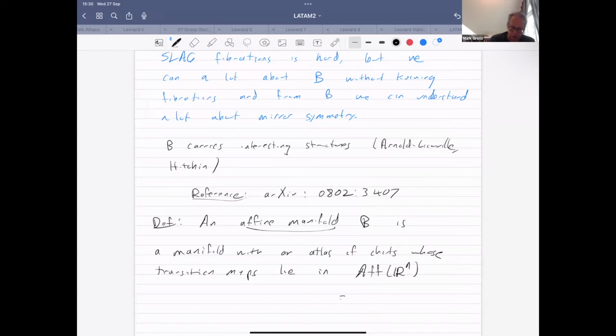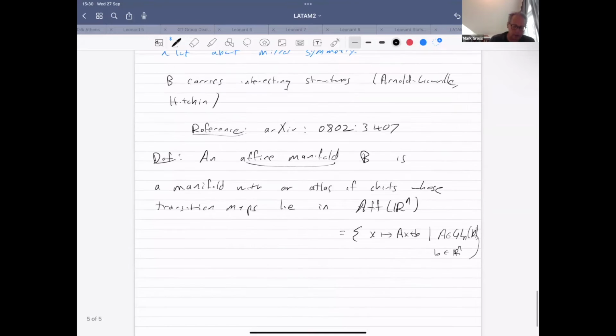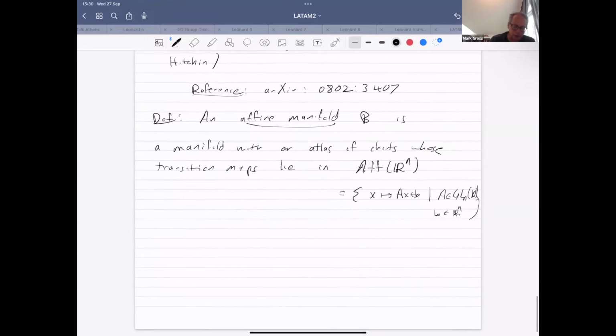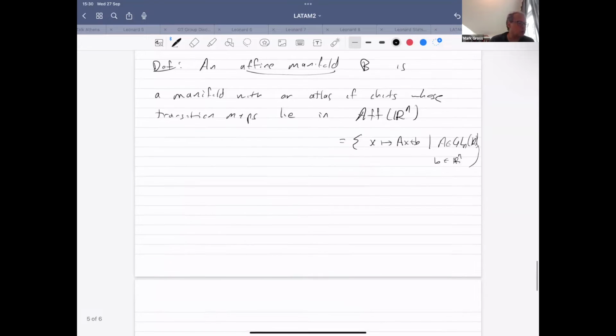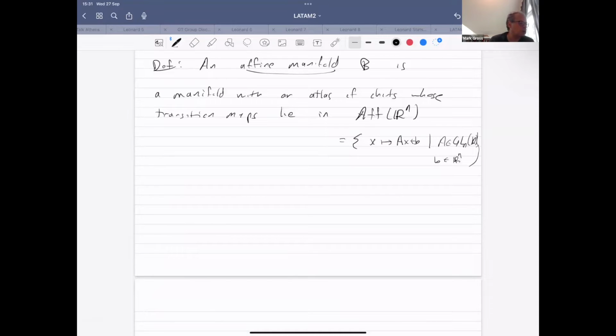Right, so this is just the group of affine linear transformations of R^n, those that form x goes to Ax plus b, where A is in GL_n(R) and b is in R^n. Okay, so it's a particularly rigid kind of manifold because the transition maps aren't arbitrary homeomorphisms or diffeomorphisms, but affine linear.